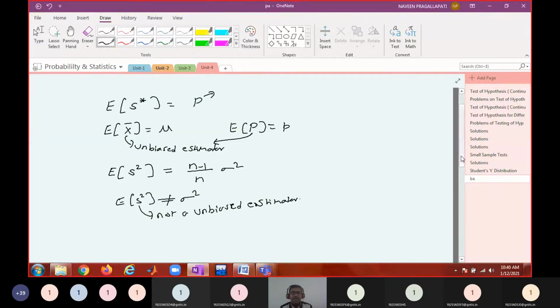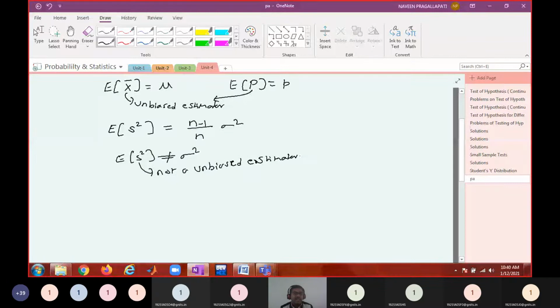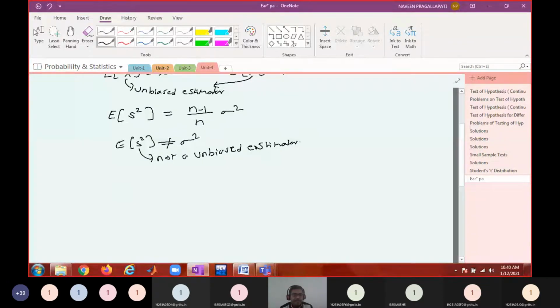So in order to get an unbiased estimator, what is the s square formula actually, can you tell me? S square is sigma of xi minus x bar whole square by n. Do you agree? What is x bar?